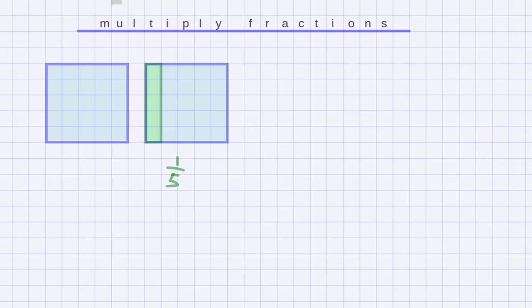What if we wanted to have a fifth of that pizza? So we start with the same pizza, and we take a fifth of it, but we want to take a fifth of it again. So 1/5 of 1/5.